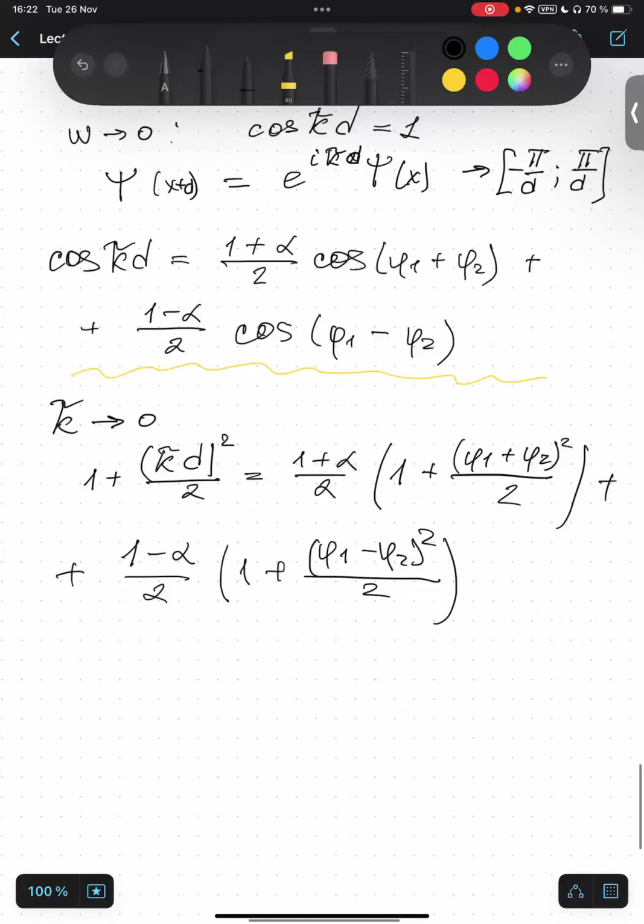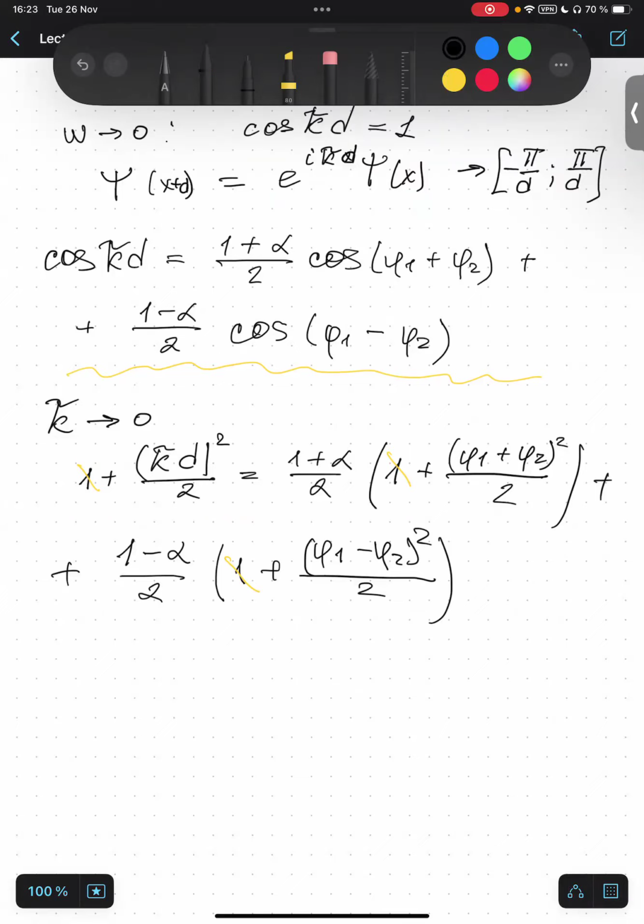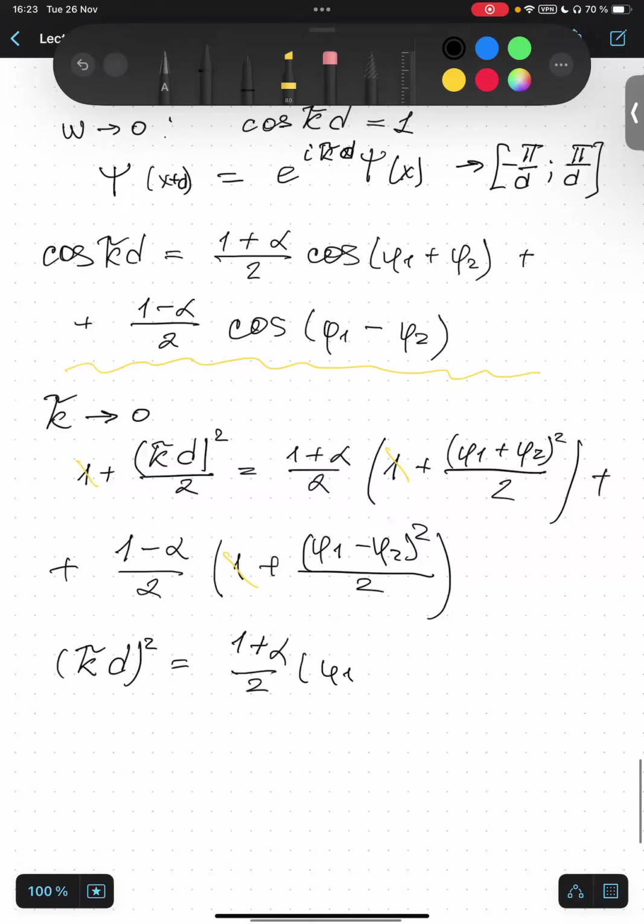Now we also can simplify it like this, and rewrite k tilde d squared equals 1 plus alpha over 2, 1 plus phi2 squared, plus 1 minus alpha over 2, 1 minus phi2 squared.